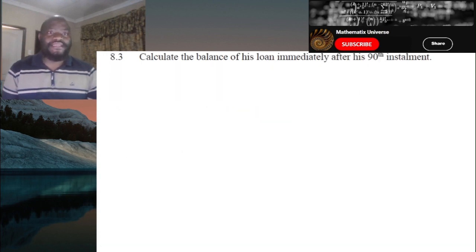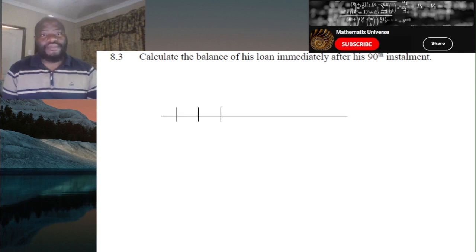Now 3 says calculate the balance of the loan immediately after the 90th payment. Okay, let's set up the timeline and see what we're talking about. So we have all the payments coming all the way from the start of the loan, month 1 up until month 90.